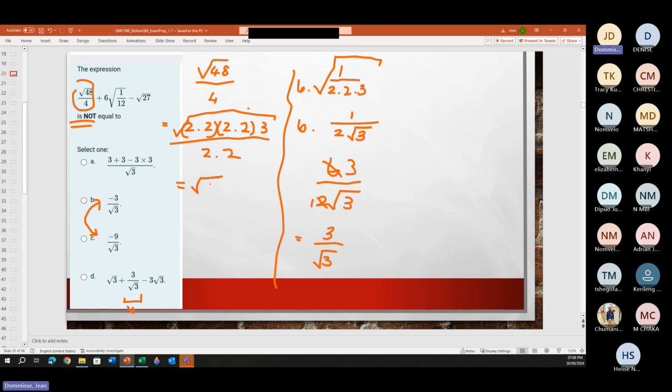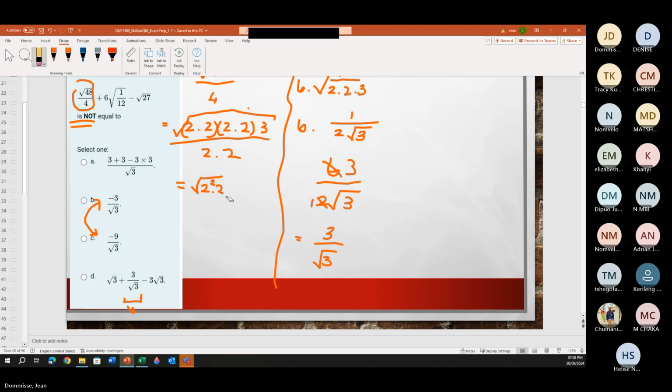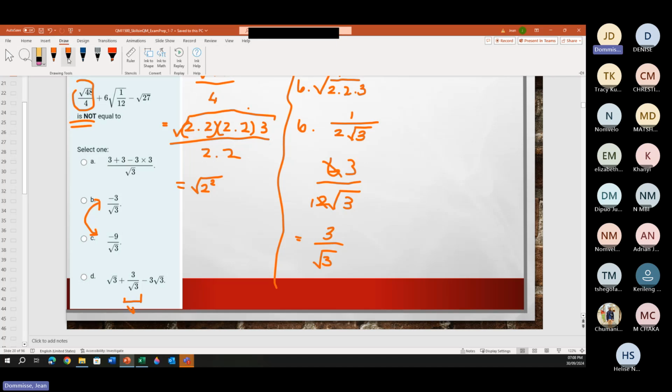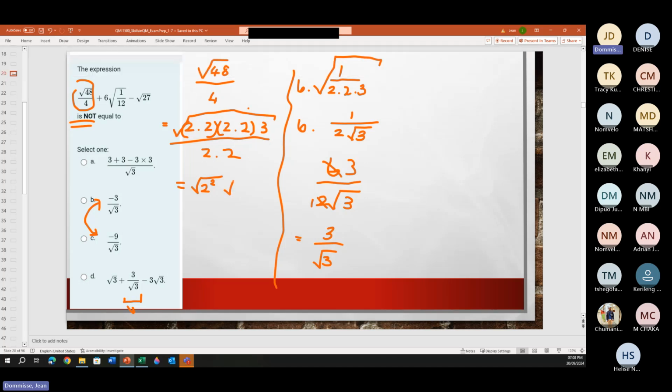Okay, so if we then break this up, if we have the square root of 2 times 2, we can rewrite it as the square root of that. So if I look at what's at the top, that is this one, then it is that one, and then it is that one.